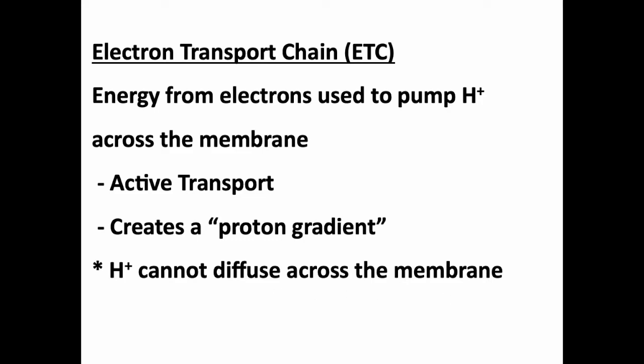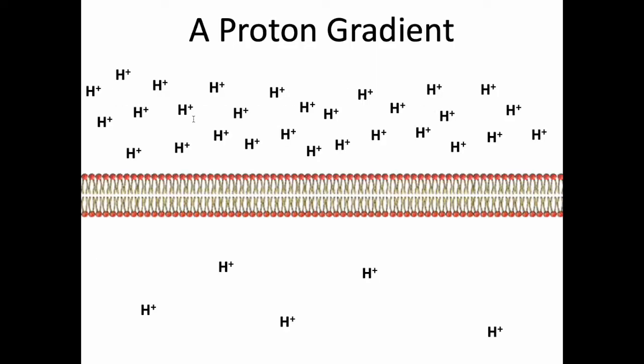So we've created a situation where we have a bunch of protons on one side, not a lot of protons on the other side. These protons want to be on the bottom side. They want to equal out. That's just diffusion. That's like water flowing downhill. These protons want to be over here.